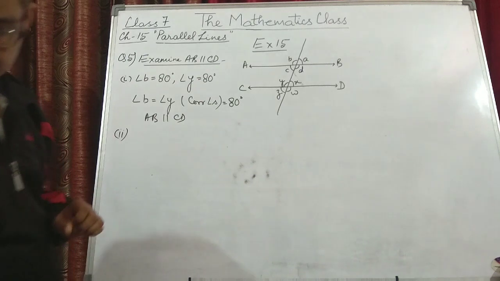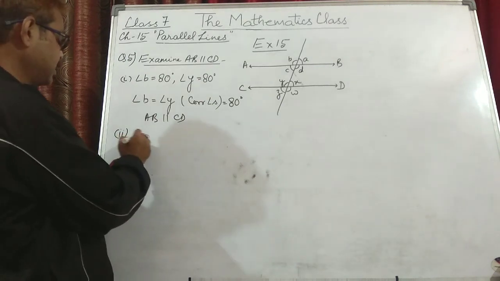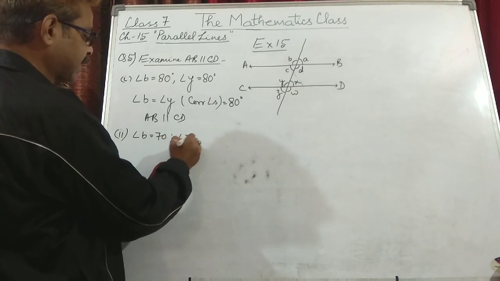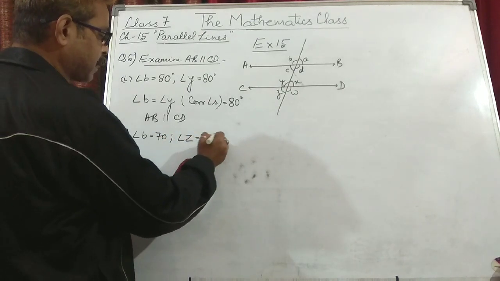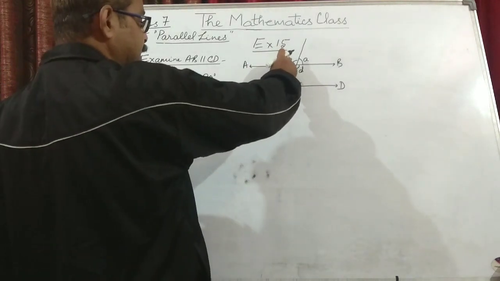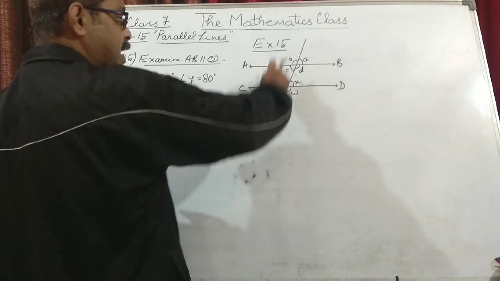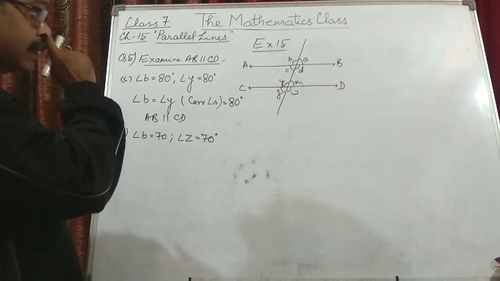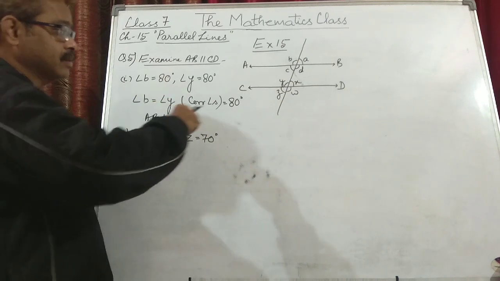Now the second point. They say angle B is equal to 70 degrees and angle Z is equal to 70 degrees. Angle B and angle Z are working as exterior angles.